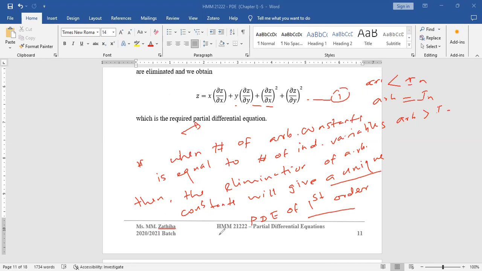For this you can see that example, or I'll give one more example. Can you try this one? Let's say, for example, az plus b is equal to a squared x plus y, where a, b are arbitrary constants. Can you try it and answer me?